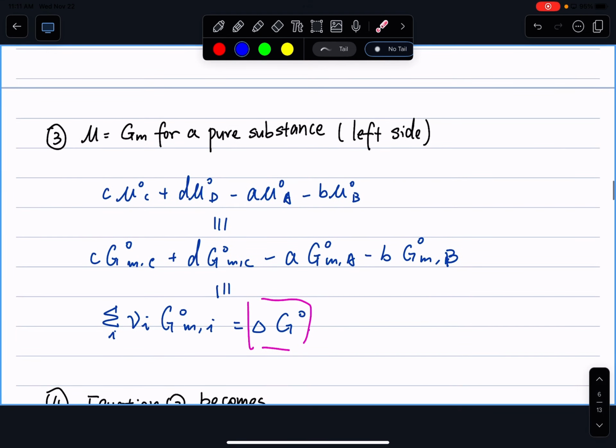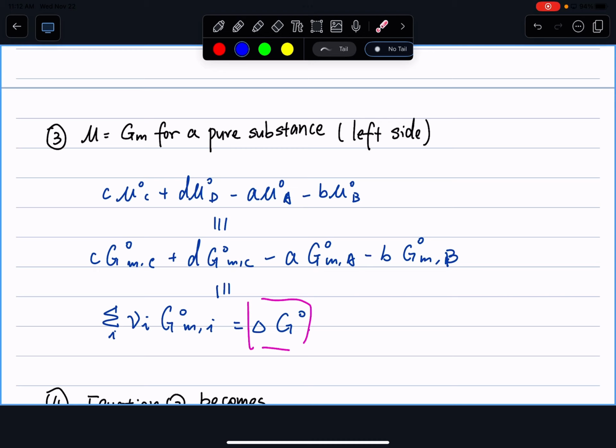All right. And then we're using our thermodynamic understanding that your chemical potential equals the molar Gibbs free energy of a pure substance. So we rewrite our left-hand side, using chemical potential, into the sum of your molar Gibbs free energies added up together. And what we have is when you have stoichiometric number times your molar Gibbs free energy, the sum of that for a reaction gives you the delta G of that reaction.